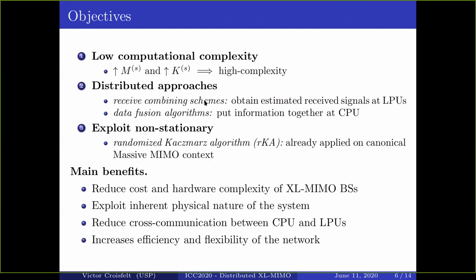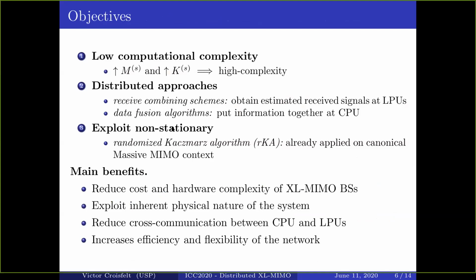So the goals of this work are to find a low complexity receive combining scheme which can be performed in a distributed manner and can properly exploit the notion of active antennas, which emerge due to the non-stationarity effect.